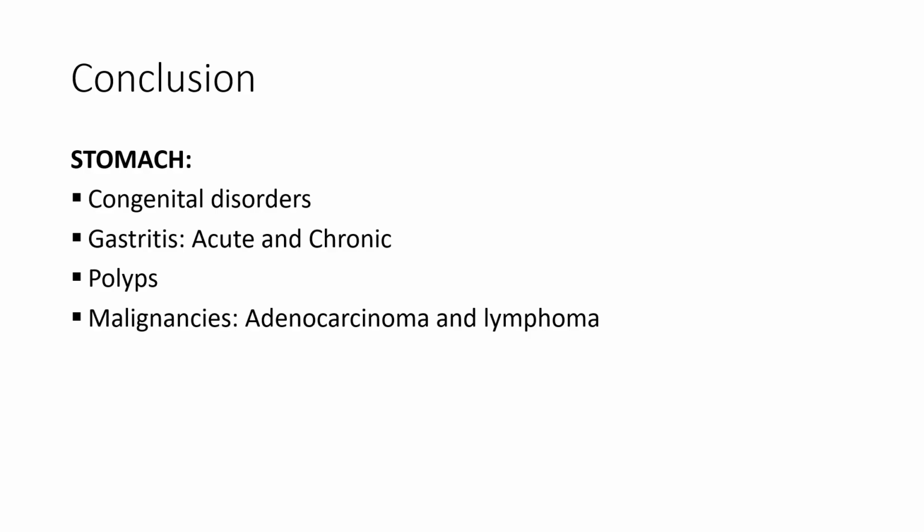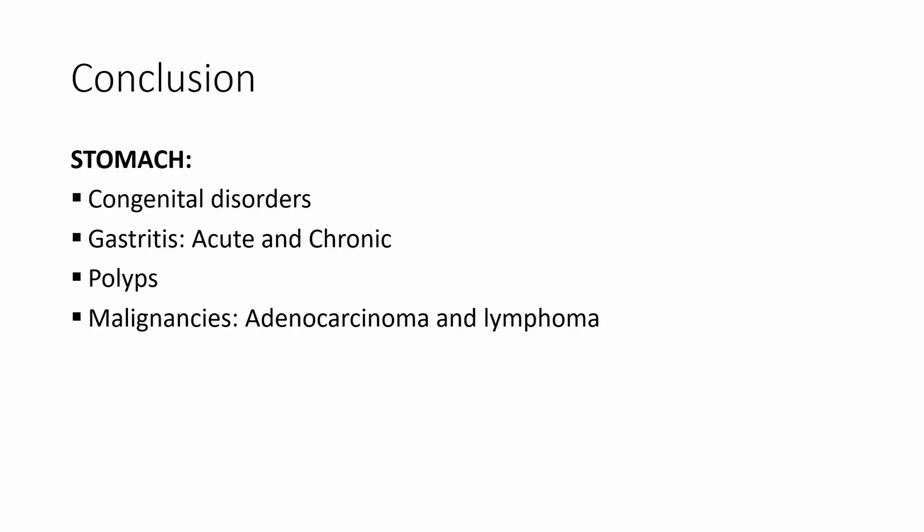We talked briefly about polyps, hyperplastic polyps, fundal gland polyps, and gastric adenomas. Gastric adenomas are very uncommon polyps. However, they are dysplastic and therefore they carry increased risk of developing gastric adenocarcinoma. And finally, we discussed the malignancies affecting the stomach.